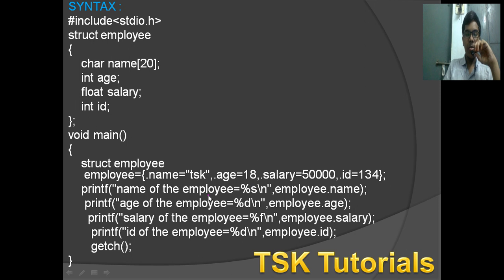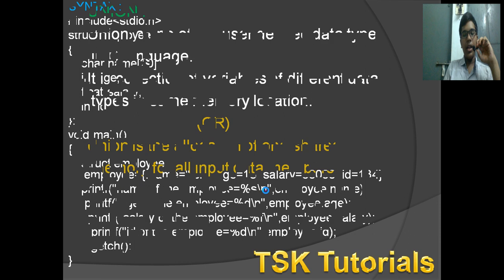Again I am going to explain it. I have to print in such a manner: name of the employee equal to something, age equal to something. His name must be a string, because it's more than one letter. We have to store it in a string, not in a character. I have given percentage s forward slash n. This is completed here.